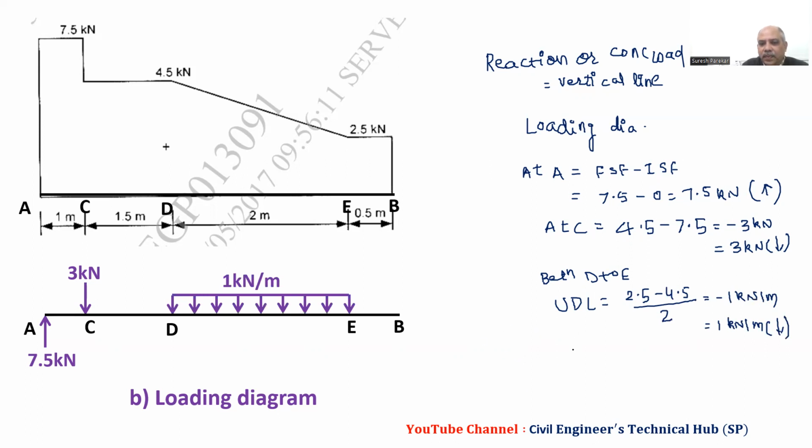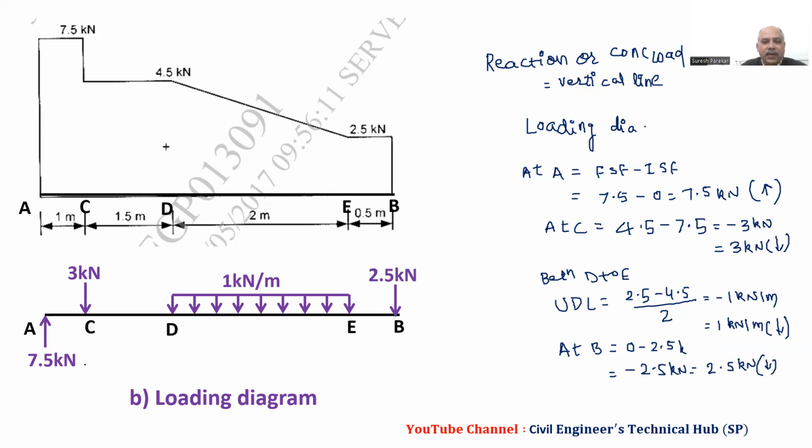Now no load between E to B. Now at B, we have final shear force 0, initial 2.5 kilonewton. So we have minus 2.5, and it shows 2.5 kilonewton downward.